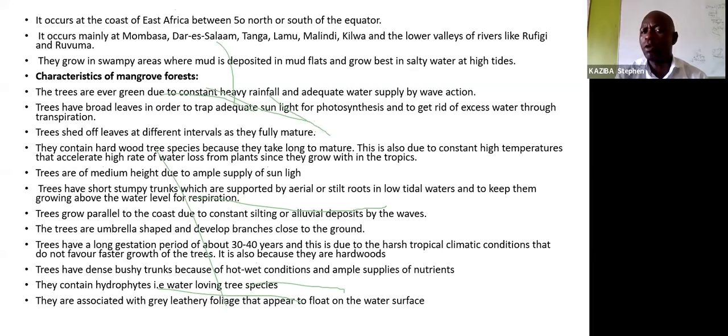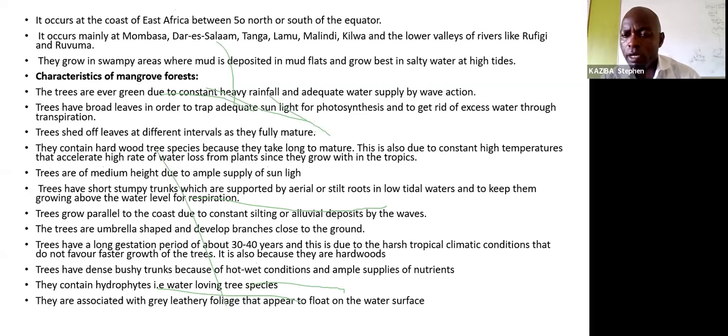Then you also note that they grow in swampy areas where mud is deposited in mud flats, and they grow best in salty waters at high tides. So you have to go an extra mile and tell us where it grows. Now we want a full page of characteristics.